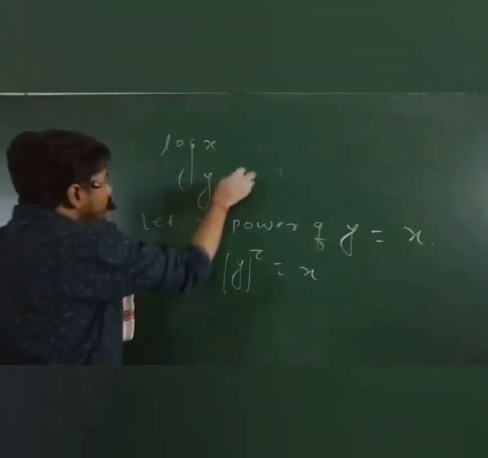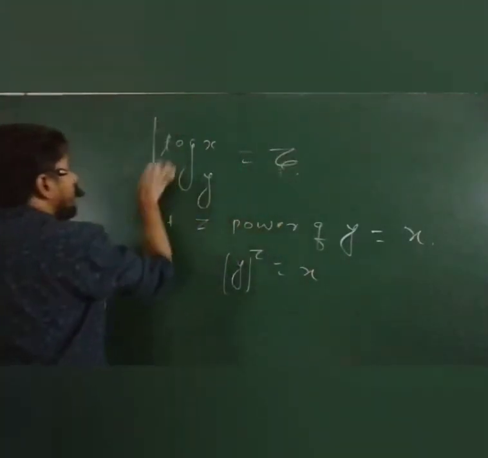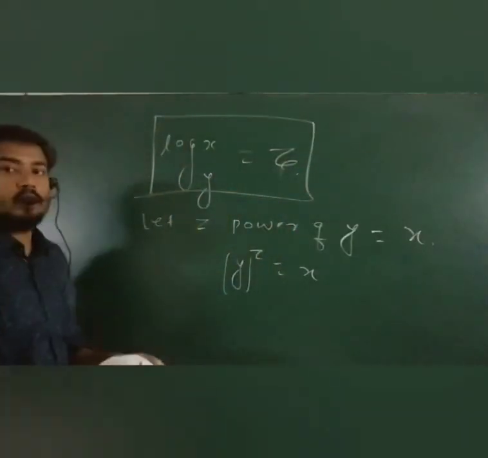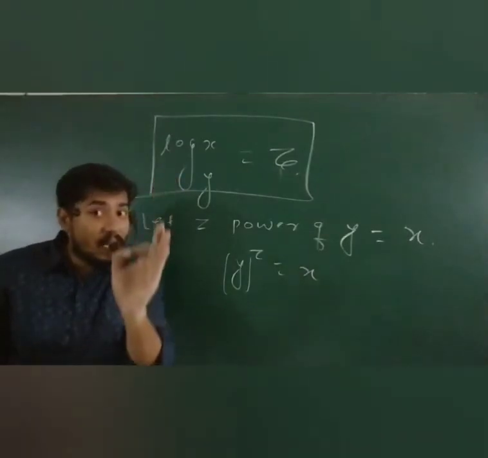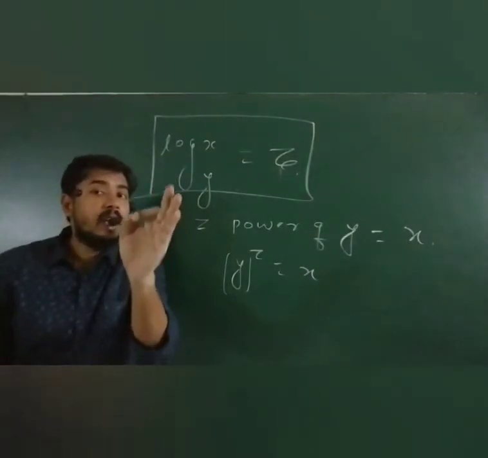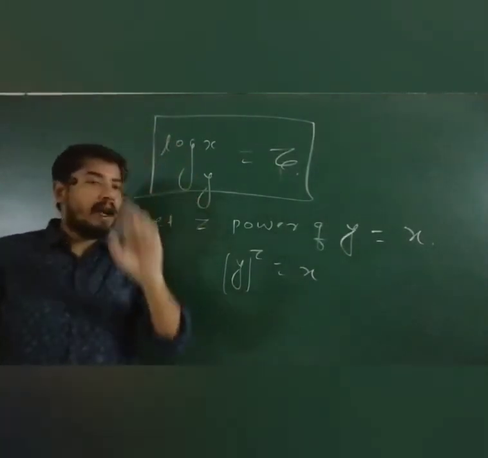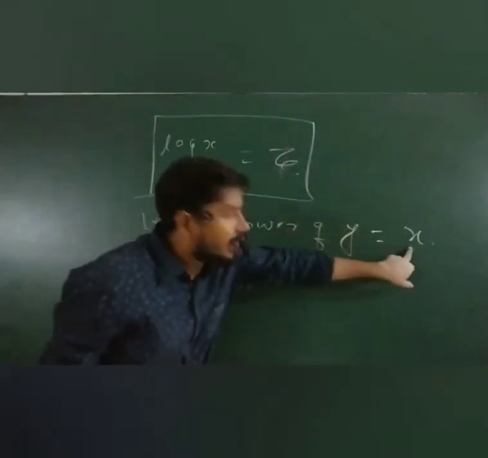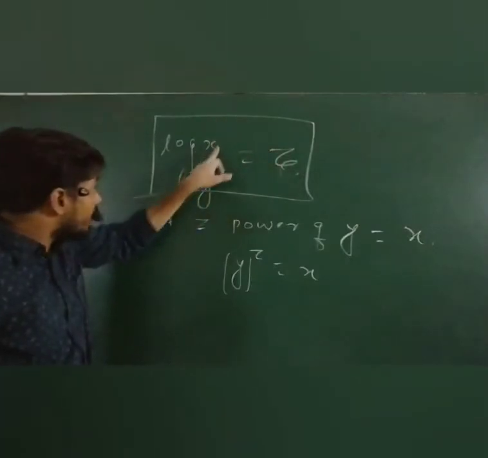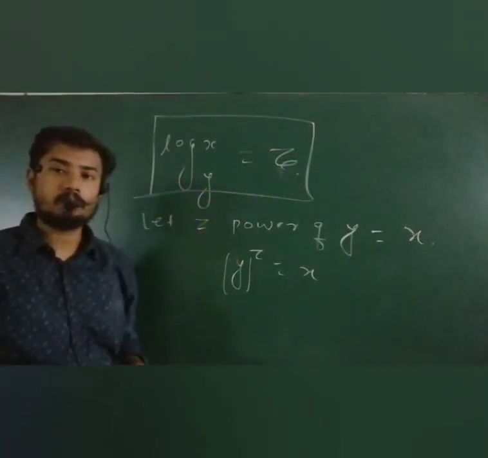Then the value of this log is equal to z, because go and see what I wrote: the value of log is equal to the power of base which makes it equal to argument. So what is the power of base? The power of base is z and it makes it equal to the argument. So this value is equal to z.